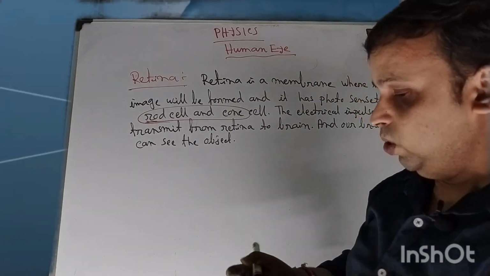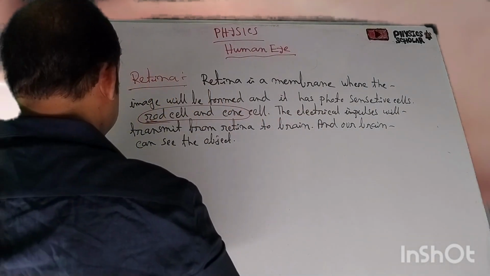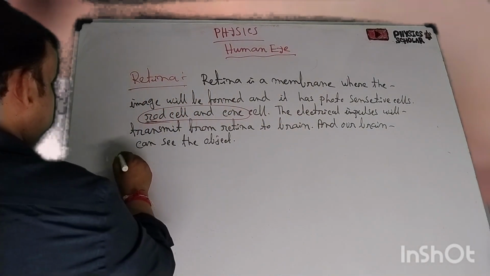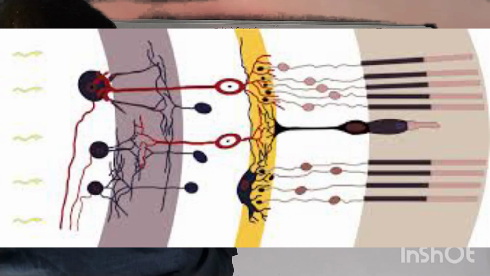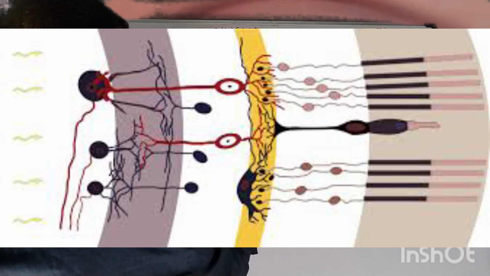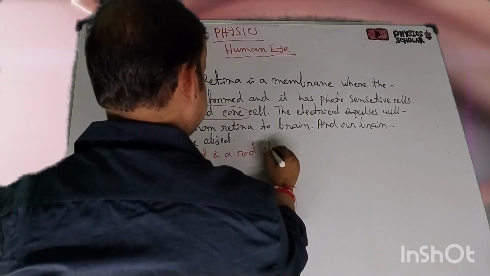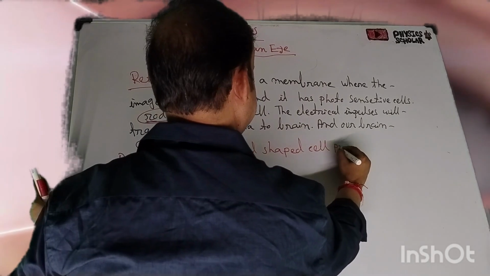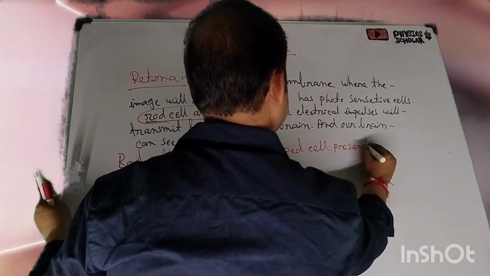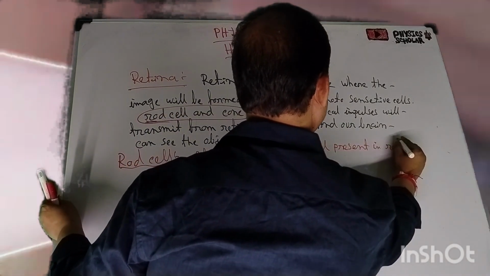Clear? So what is a rod cell? It is a rod shaped cell present in the retina.